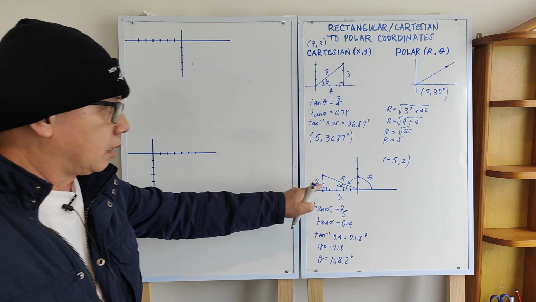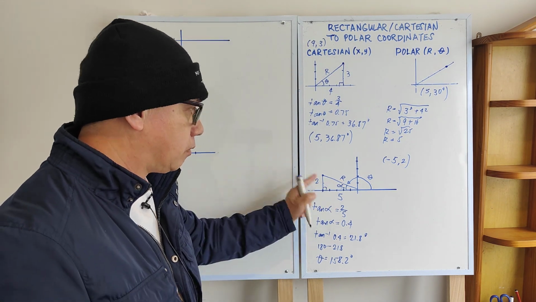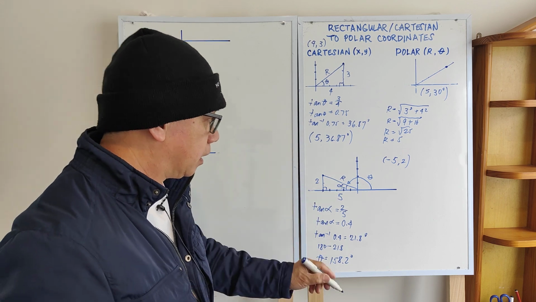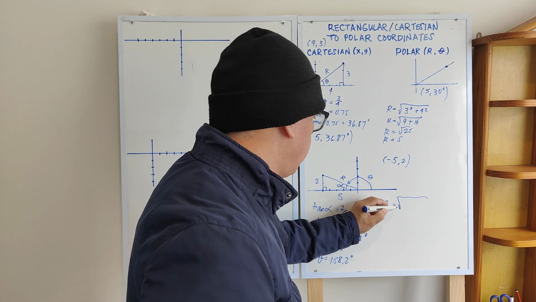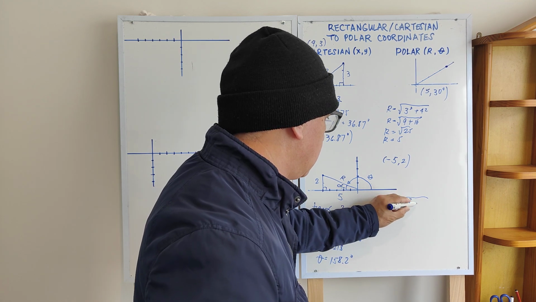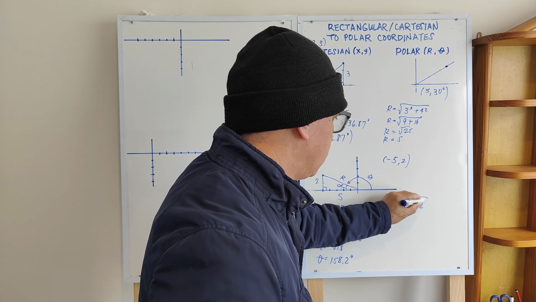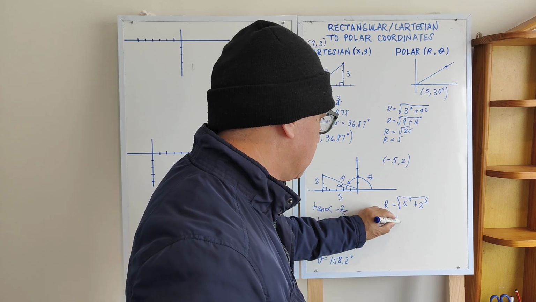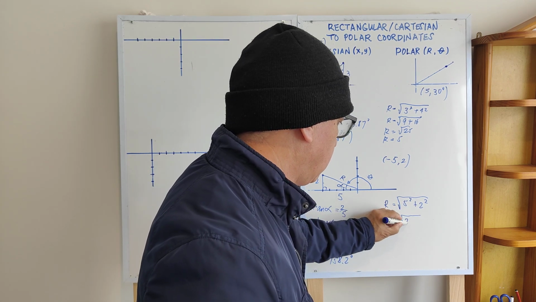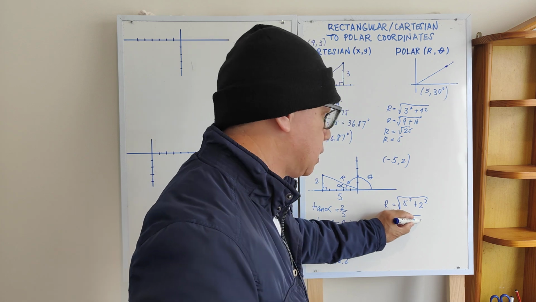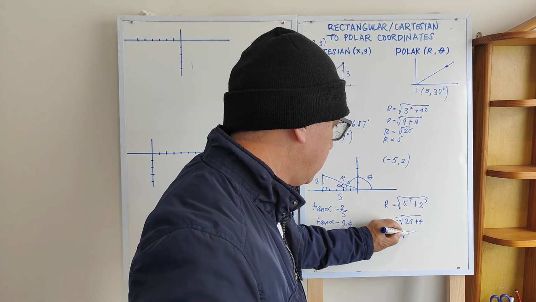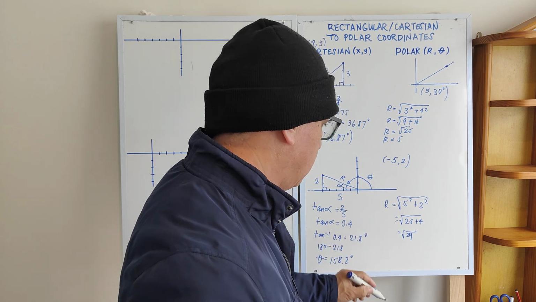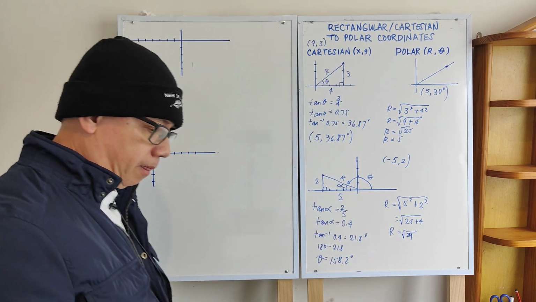To solve for the length, the r, we use the Pythagorean theorem again. So r would be the square root of 5 squared plus 2 squared. That would be 25 plus 4, square root of 29. So that is your r.